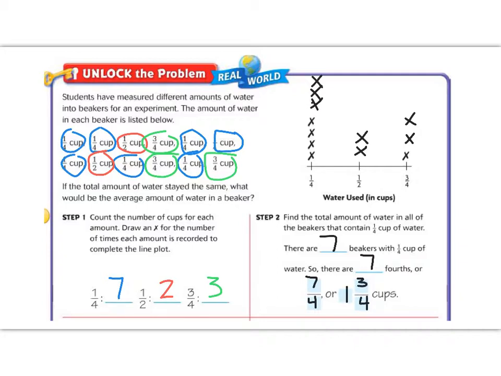So we could write that as 1 and 3/4. So what we did is we added 1/4 plus 1/4 plus 1/4 plus 1/4 7 times. Or we could multiply 7 times 1/4. That's where we got that 7/4. Let's go to the next step and practice this skill again.